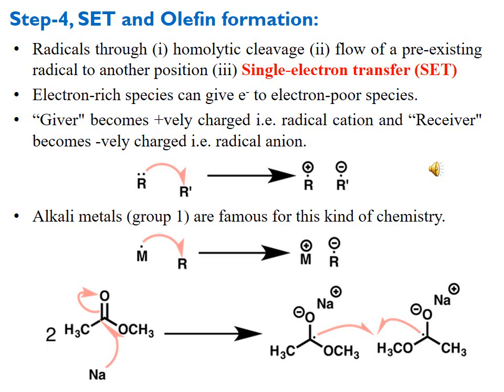Both of these electrons can bond with each other to form a single sigma bond, and we can get a dimer of these two species. So this is the basic theme of the single electron transfer reaction, and in the next slide we discuss our reaction, which involves this single electron transfer mechanism.